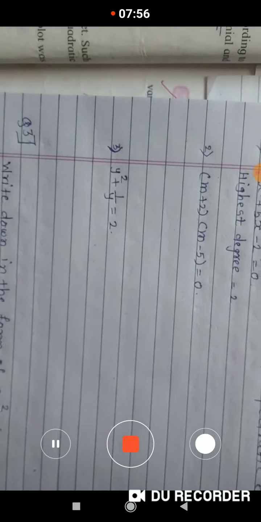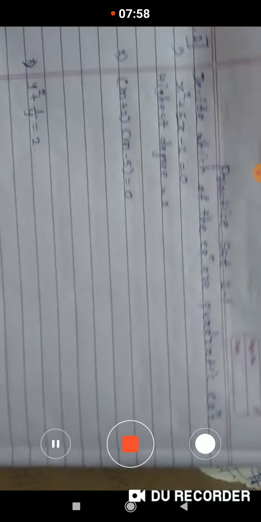That means x square plus twice x plus 0 is equal to 0. Now the value of a is equal to 1, value of b is equal to 2, and the constant term is 0. Understand, student?